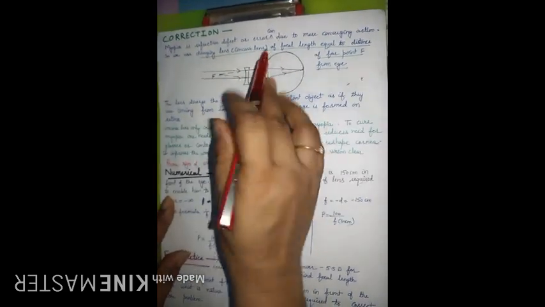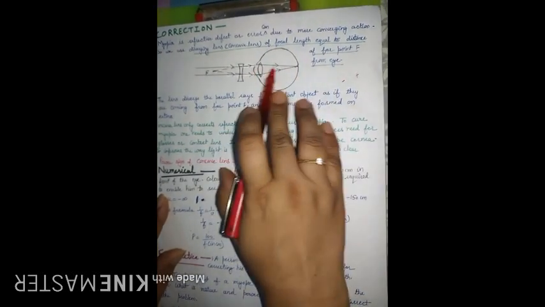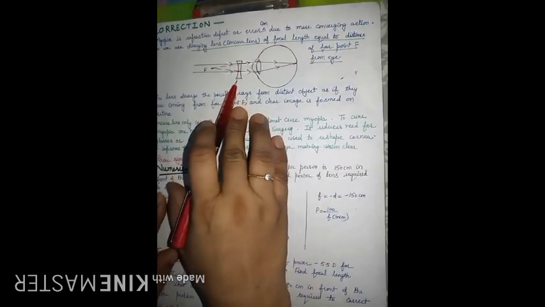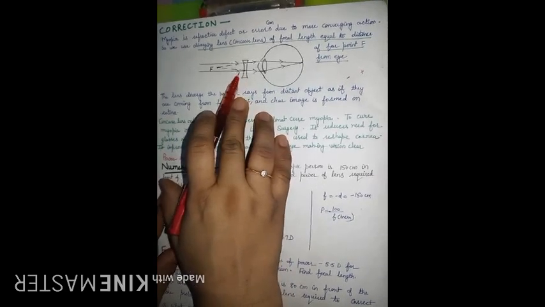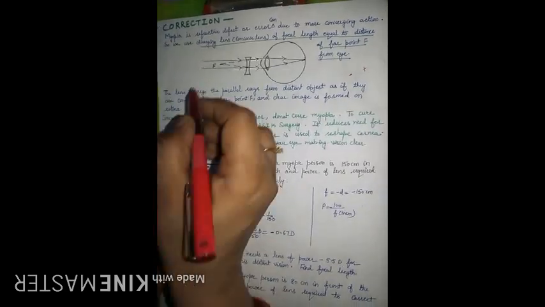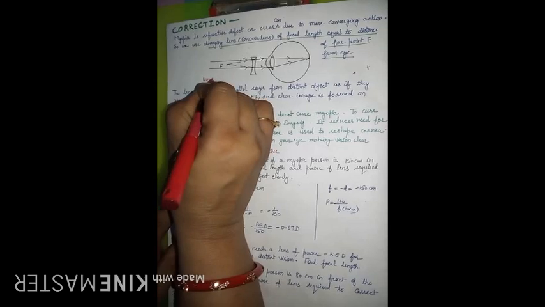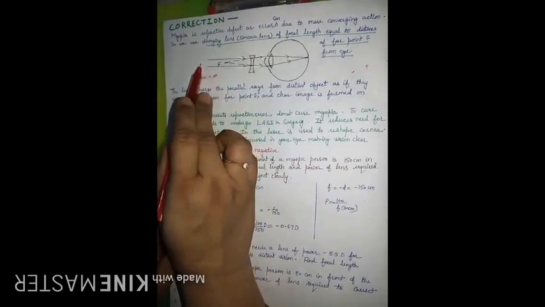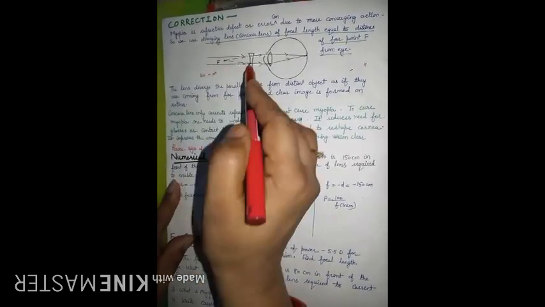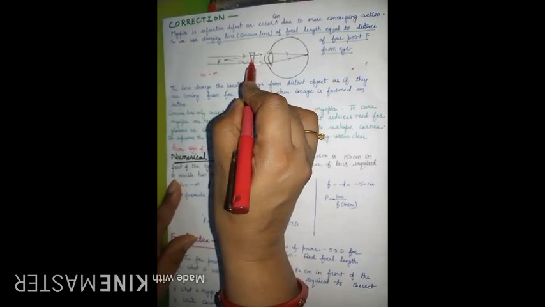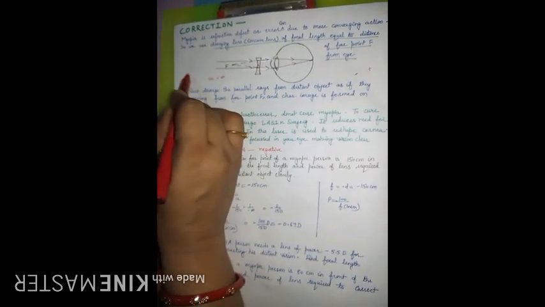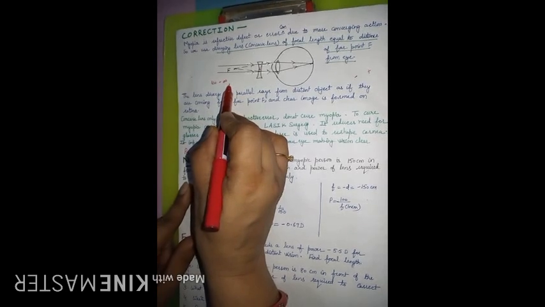In this case, if I forget this part and consider this part only, then for this lens the object is kept at infinity. u will become equal to minus infinity because rays are coming in this direction. This will be the optical center, so distance from optical center to object will be minus infinity.